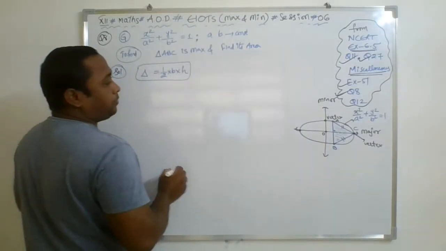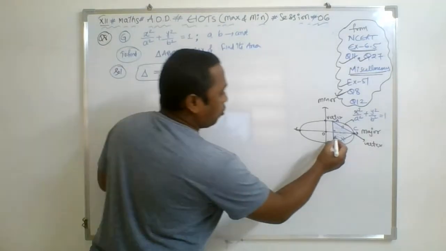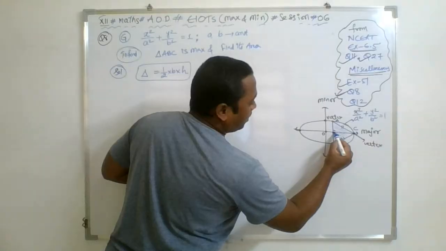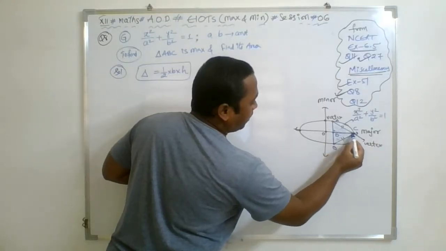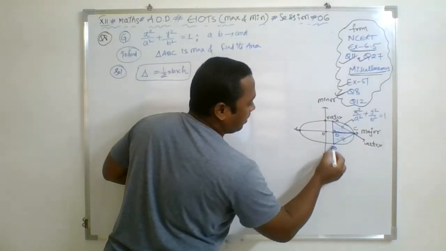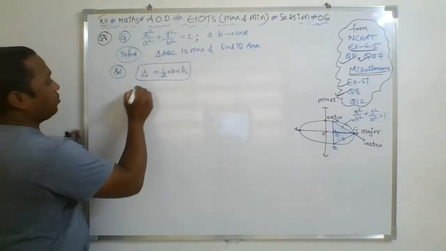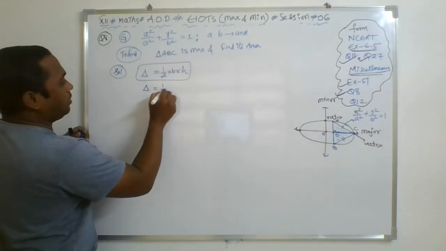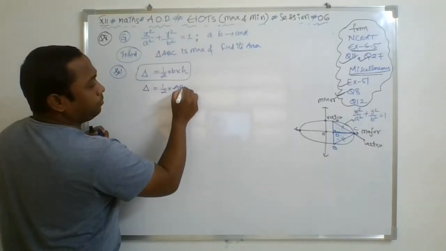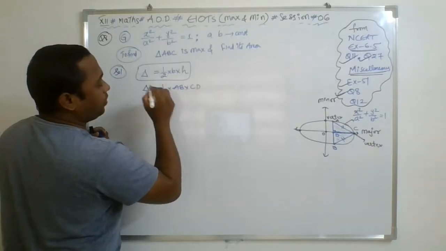So I can also name this point D. CD will act as the height of the triangle, and AB acts as the base. So the area of the triangle is equal to half into AB into CD.